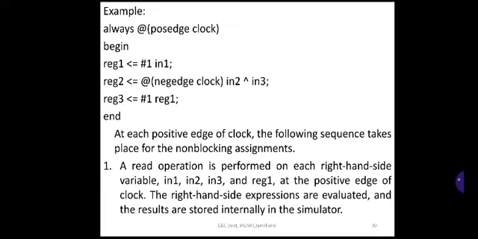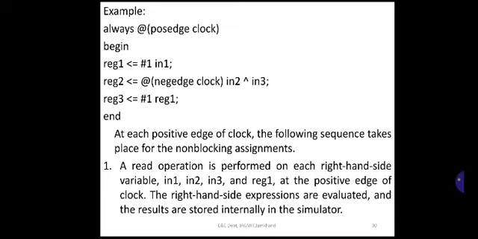Observe here, on the right hand side there are different identifiers: in1 in the first statement, in2 and in3 in the second statement, and reg1 in the third statement. So the read operation is performed on each of the right hand side variables, that is in1, in2, in3 and reg1, at the positive edge of the clock.